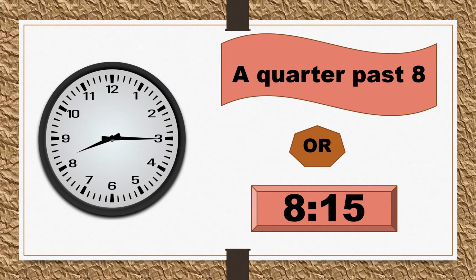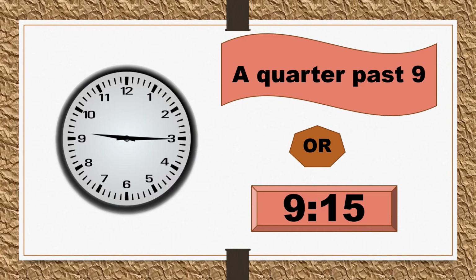In this clock, the long hand which shows the minutes is pointing to number 3 and the hour hand is a little after 8. So, we say that the time is a quarter past 8. We write it as a quarter past 8 or as 8:15.